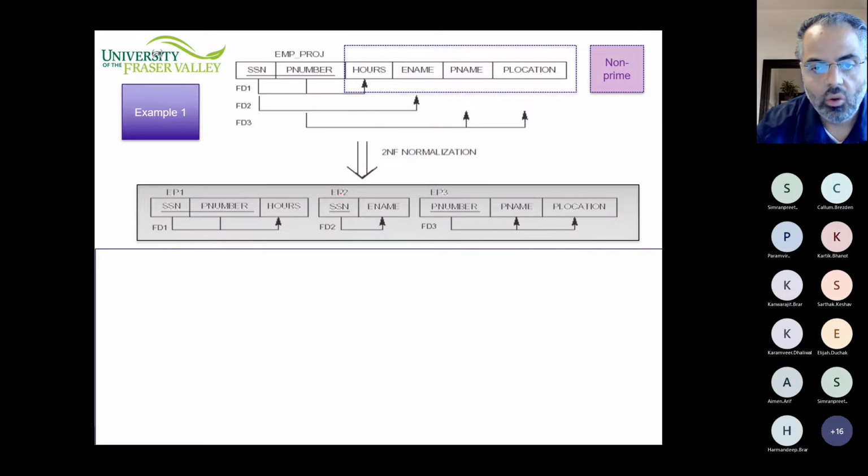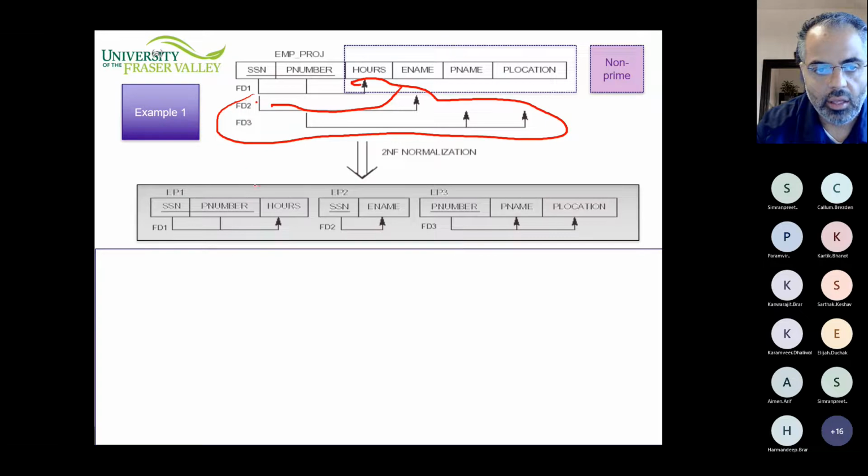In this case, we are going to decompose it in a way that we get rid of the attributes that are involved in this one. For example, here I will keep the employee name. So I keep SSN, P number, hours.